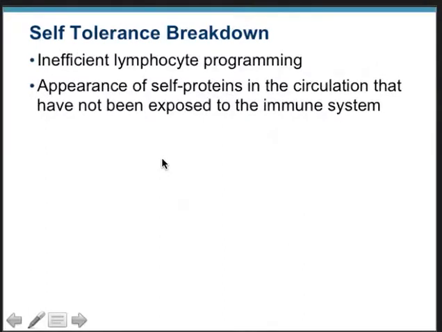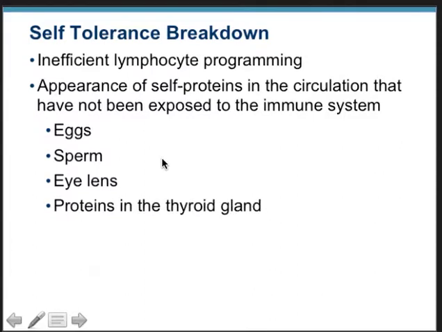The appearance of self-proteins in the circulation that have not been exposed to the immune system can also promote an immune response. We see this, for instance, in eggs and sperm, in the lens of the eye, and in the cornea. And we also see this taking place in proteins that are in the thyroid gland, suddenly becoming exposed where before they were effectively isolated.